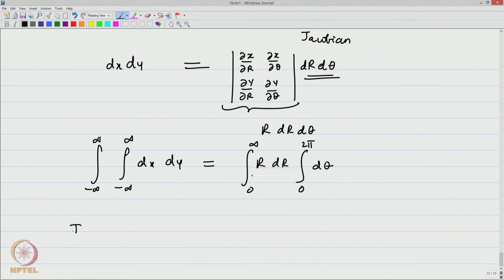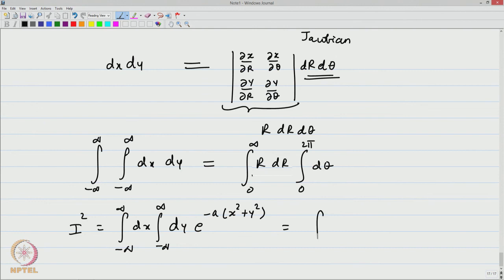Therefore, what is I square now? I square is this integral minus infinity to plus infinity dx, minus infinity to plus infinity dy, e to the minus a (x square plus y square), and that now becomes, because x square plus y square gives you r square, the integral 0 to infinity r dr e to the minus a r square, and then 0 to 2 pi d theta.